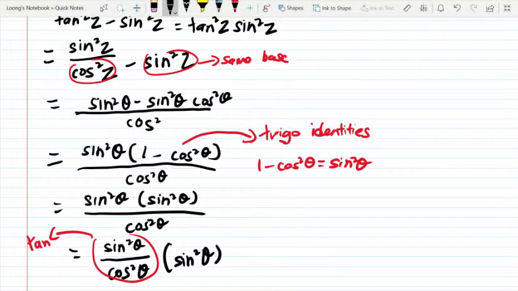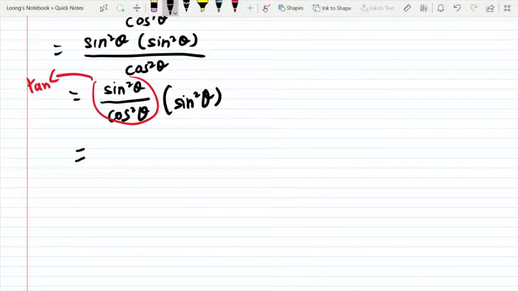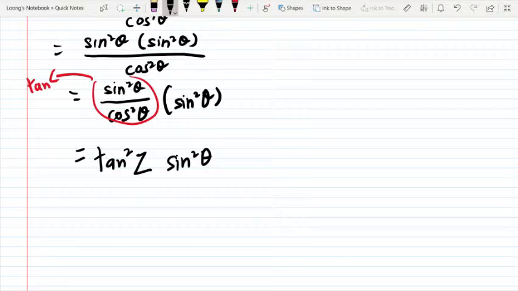Which makes our final answer tangent square z equals sine square z. And this is our final answer, proven.